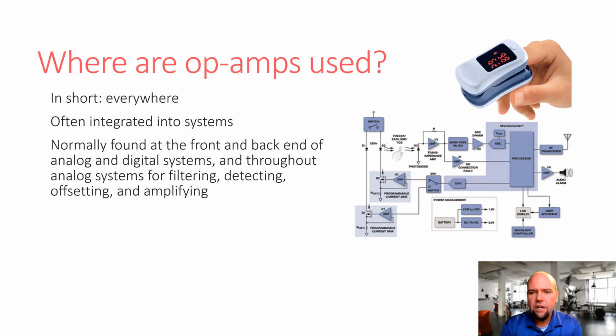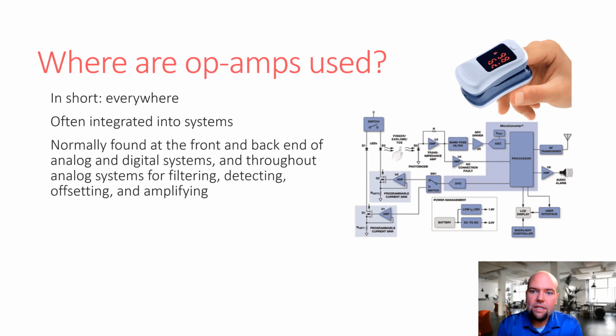This example here is a pulse oximeter. This would be a portable battery powered device, and you can see there are op-amps all over the place. It looks like six or so in here. We have op-amps used as a programmable current driver to drive these LEDs that shine light through your finger.